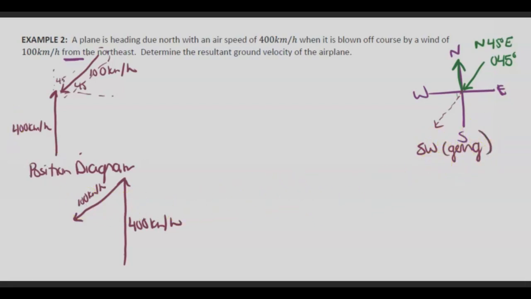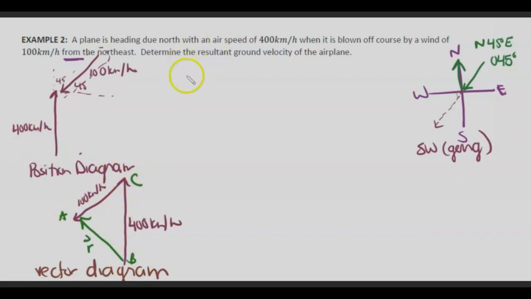And then the resultant is going to be this right here. So let's call that vector R. I'm going to label this one vector diagram, and just for simplicity, let's label this A, B, C.